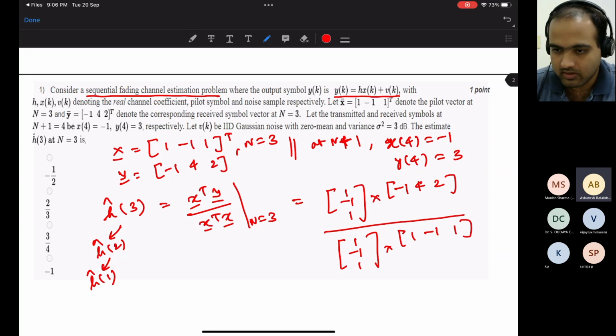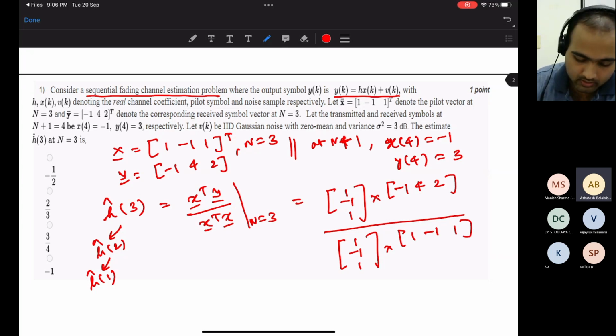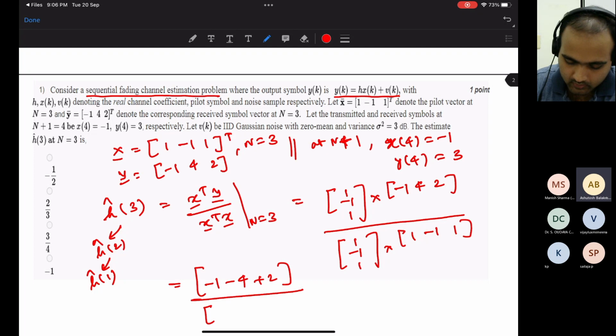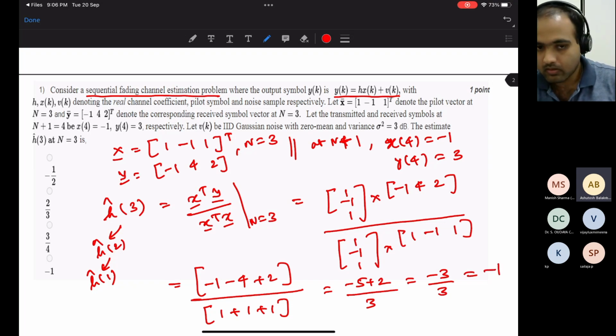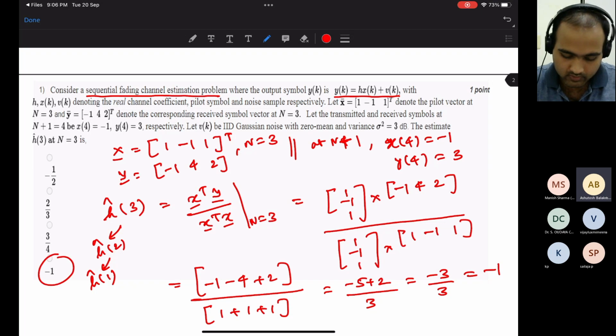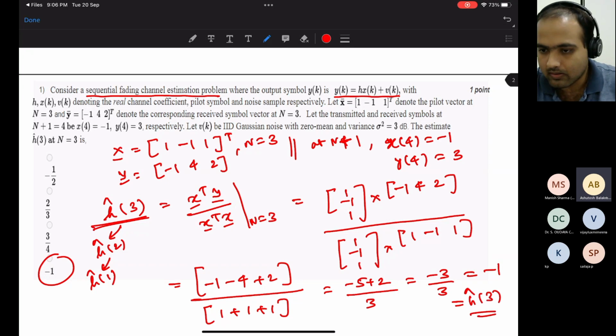So x transpose y over x transpose x is -1 minus 4 plus 2, divided by 1 plus 1 plus 1. So we have -5 plus 2 divided by 3, which is -3 divided by 3, which is -1. So the answer is -1, which is h hat of 3. That is the estimate at the third time instant.